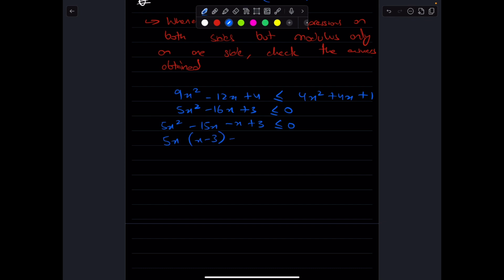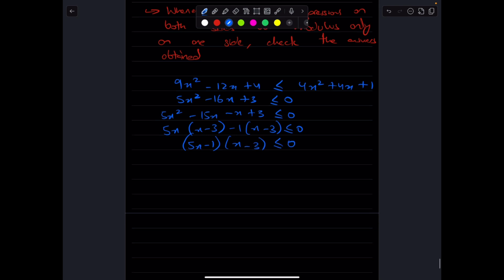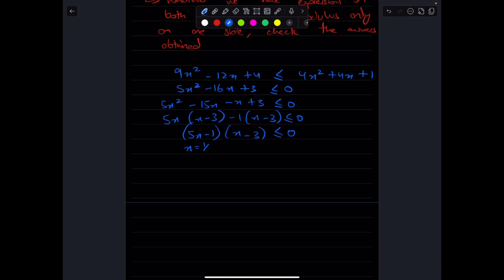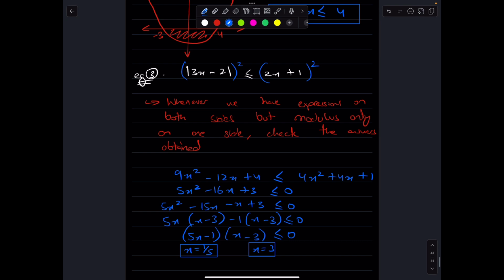Take 5x common and we'll be left with x minus 3. Take minus 1 common and we'll be left with x minus 3 yet again. And the two factors turn out to be 5x minus 1 and x minus 3. And thus the two roots turn out to be 1 over 5 and 3. Now the next step would be to check the validity of the answers.